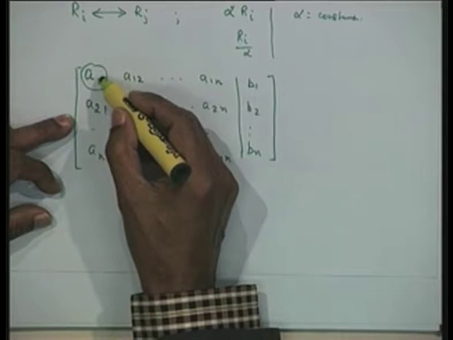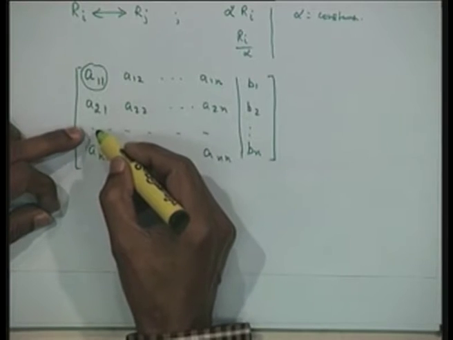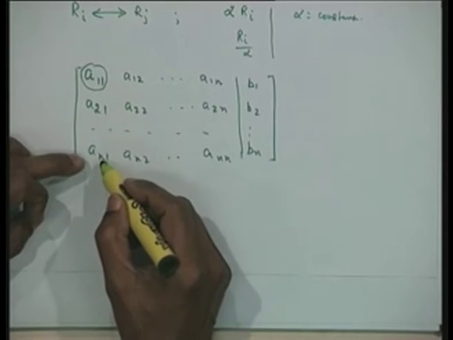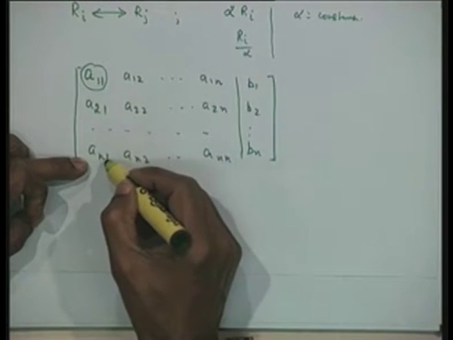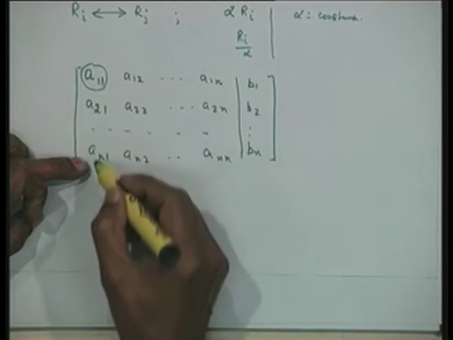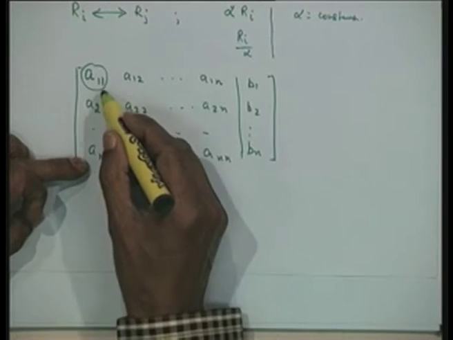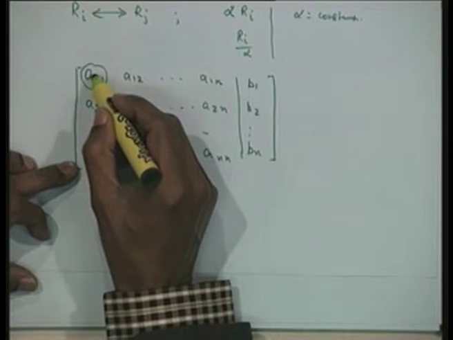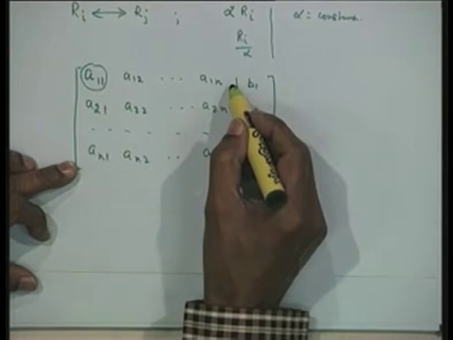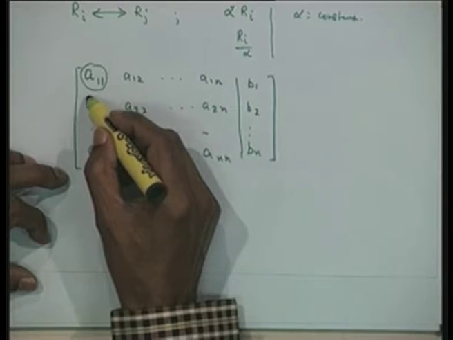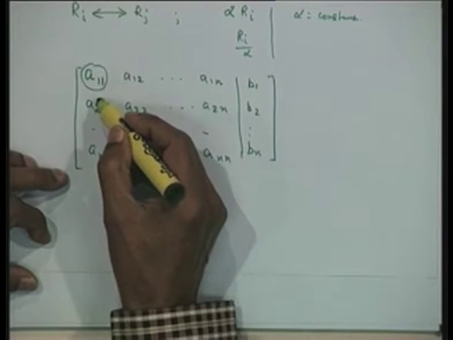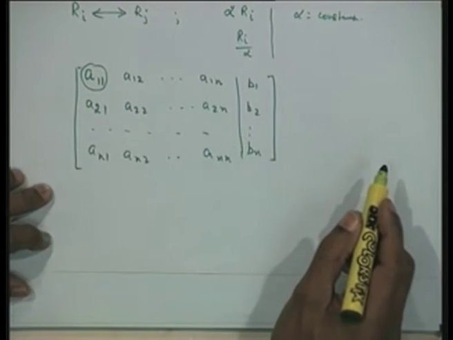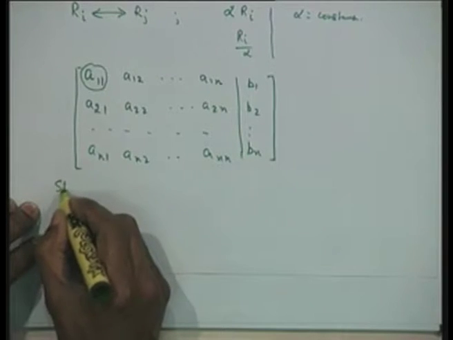Similarly, I can multiply this by A31 by A11, subtract, I get a 0. Lastly, if I multiply this by AN1 divided by A11, subtract, I get a 0. So, in the first step I will use the first equation and eliminate all the elements in the first column to 0 by using the elementary transformations. So, that is our step 1.